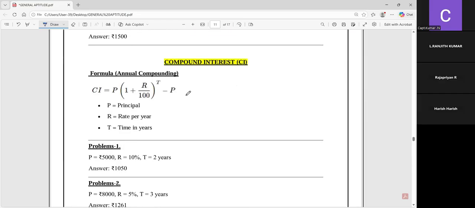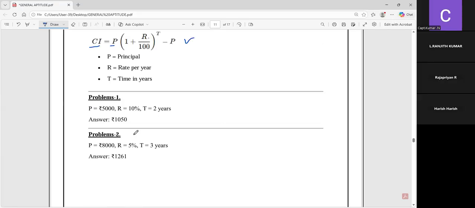And compound interest also has a formula. We are going to calculate the compound interest annually. Compound interest is nothing but the principal amount into 1 plus rate of interest, to the power of the time period.